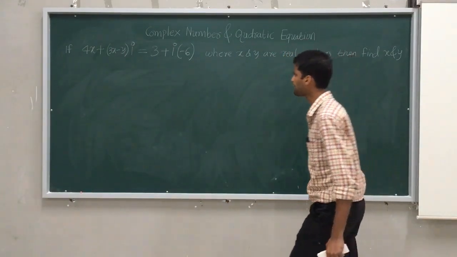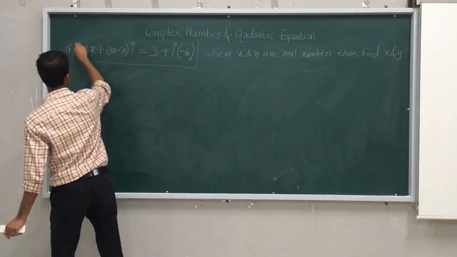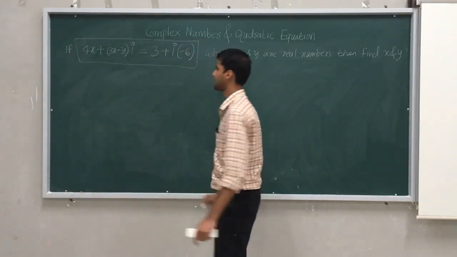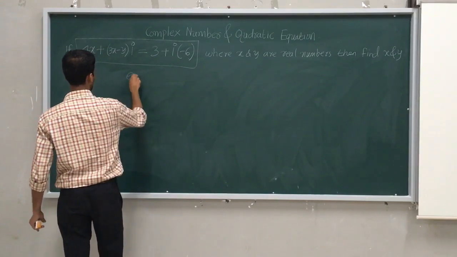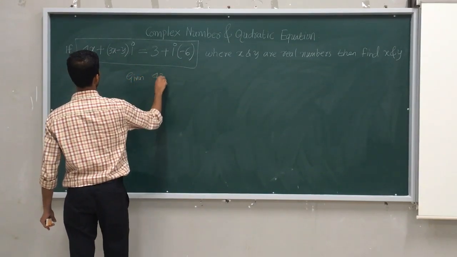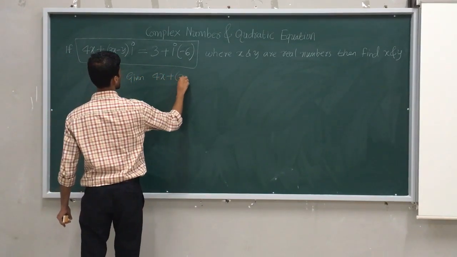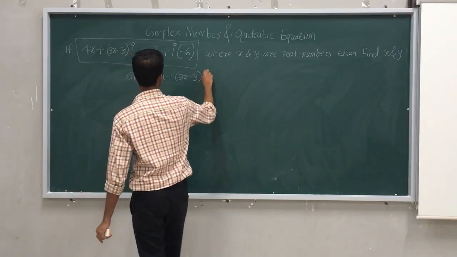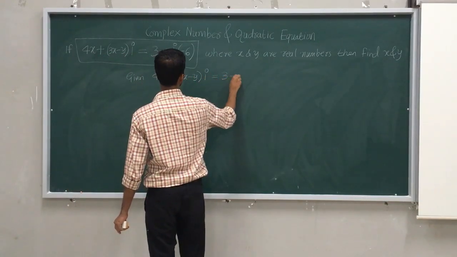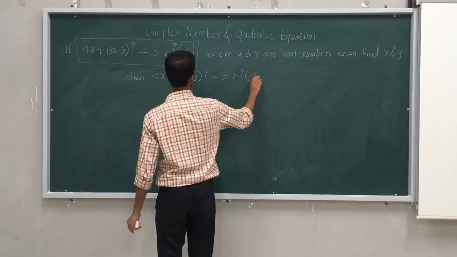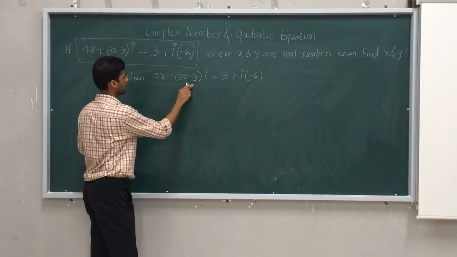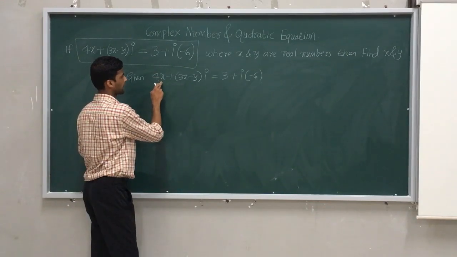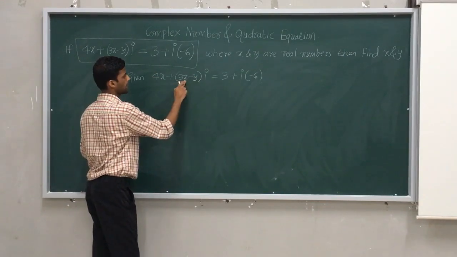What is given is that they are equal; it's not that we created it. In the question they only have given they are equal. So what I will write here, given 4x plus (3x minus 1)i is equal to 3 plus i into minus 6. They only have given, it is one complex number, it looks like a plus ib.